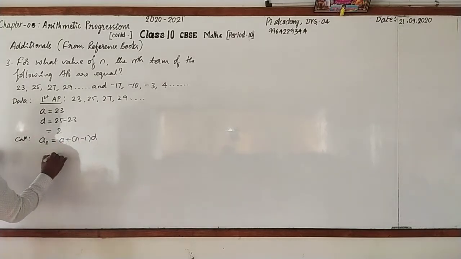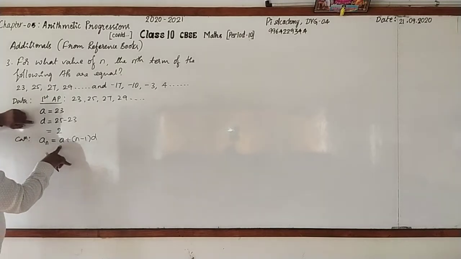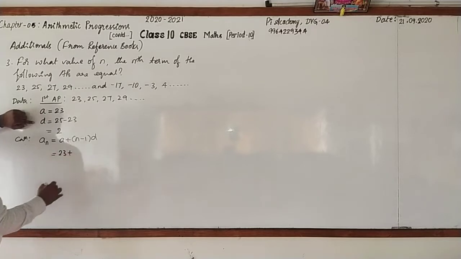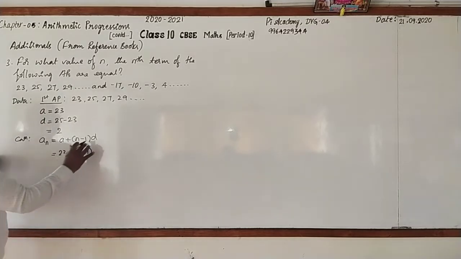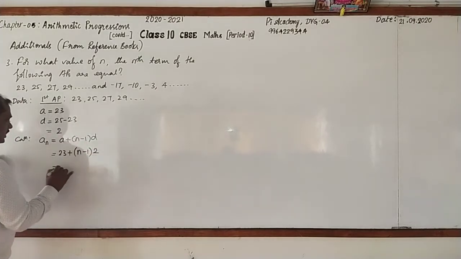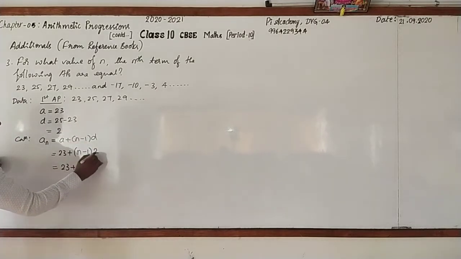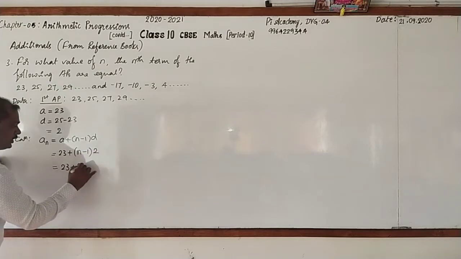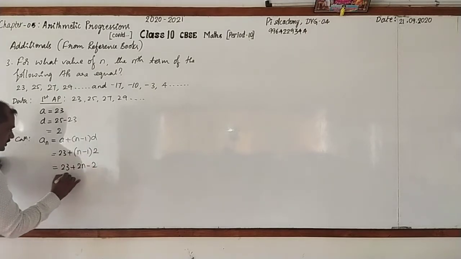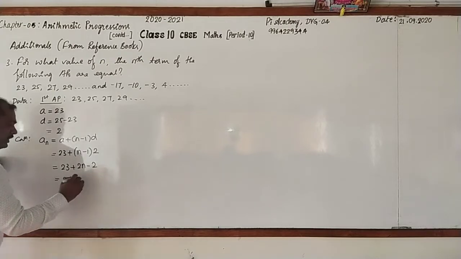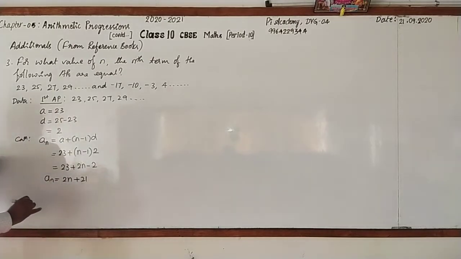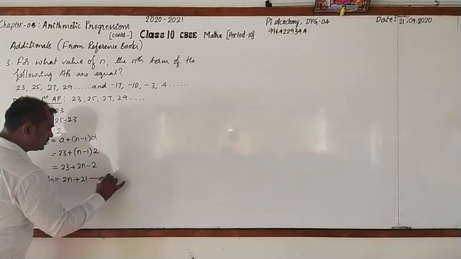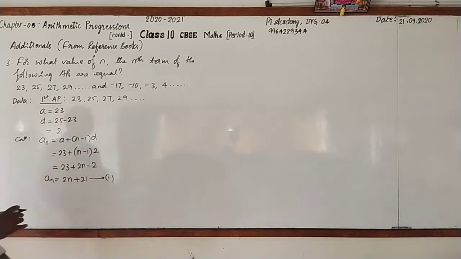Right? Where a is 23 plus n, unknown, minus 1 into d, d is 2, which is equal to 23 plus 2 into n, 2n, minus 2 into 1, 2. It is equal to 2n, 23 minus 2, it is 21. an equal to 2n plus 21, you may call it statement 1.